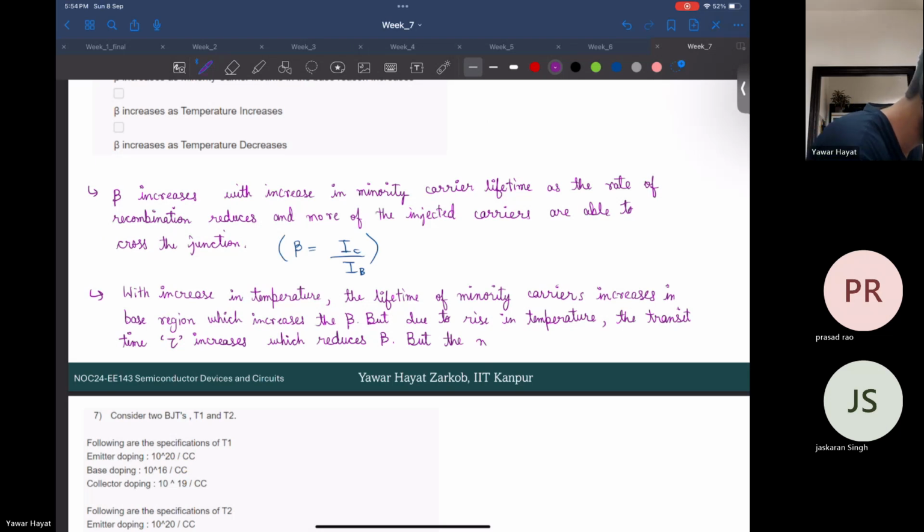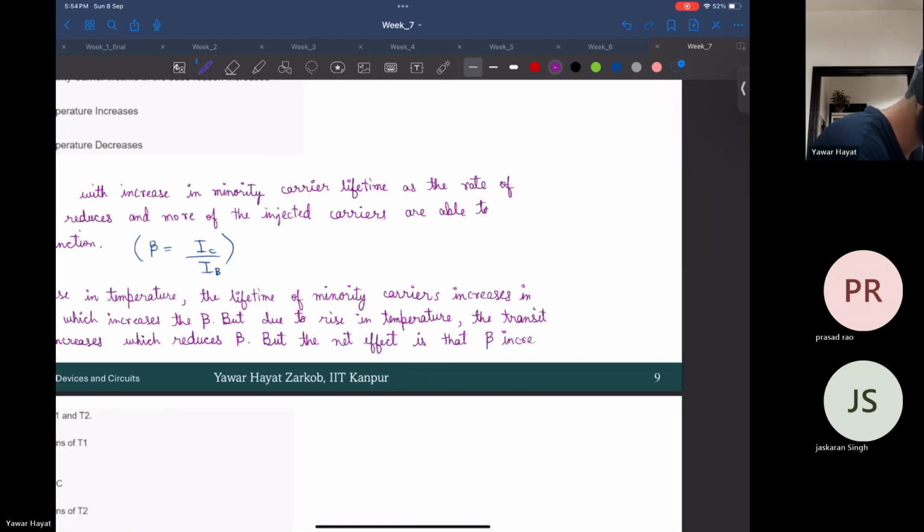But the net effect is that your beta increases with temperature.